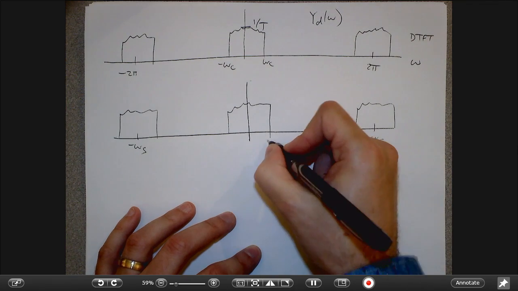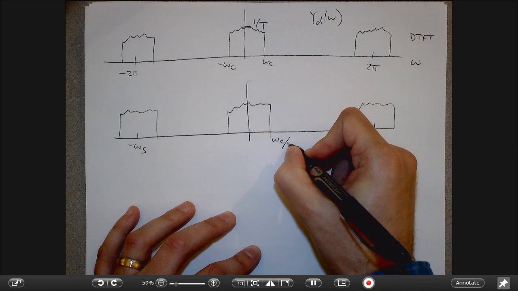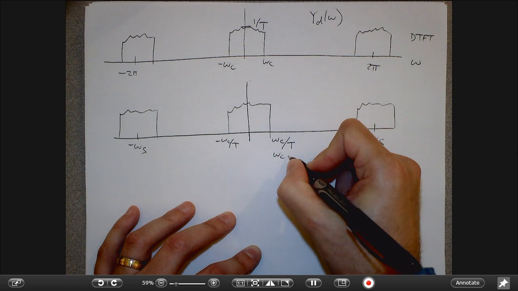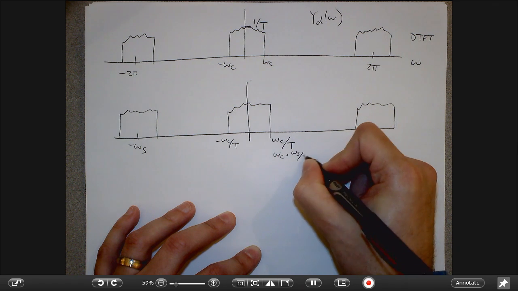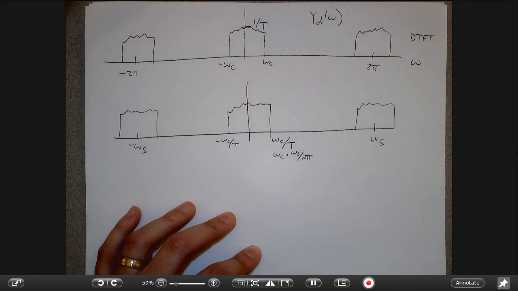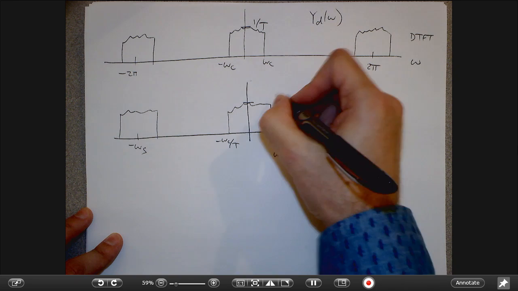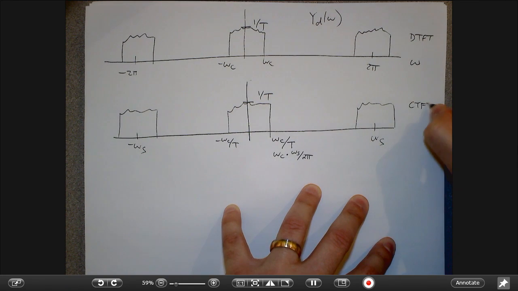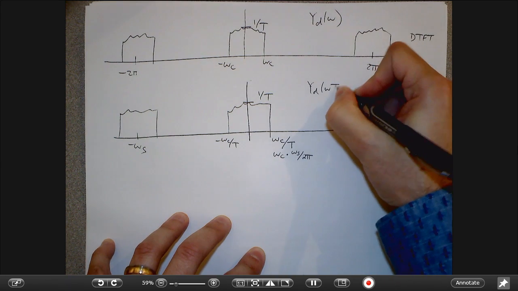And what used to be the cutoff becomes omega c over T, which is the same thing as omega c times omega s over 2 pi. Again, the height of this thing continues to be 1 over T. This is now the continuous time Fourier transform, basically like Y d spread out by this.